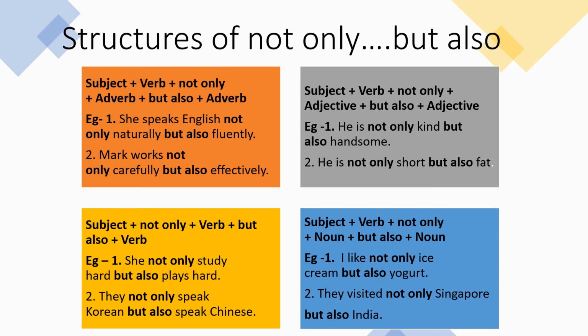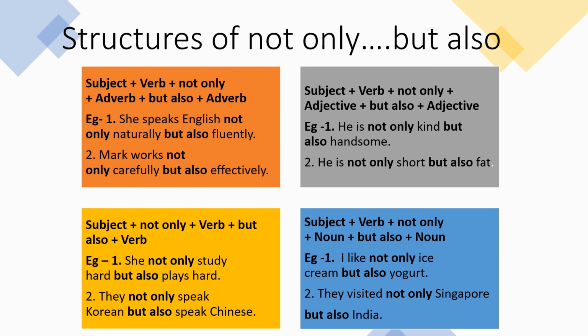Fourth case, subject plus verb plus not only plus noun plus but also plus noun. Example, I like not only ice cream but also yogurt. Second example, they visited not only Singapore but also India.